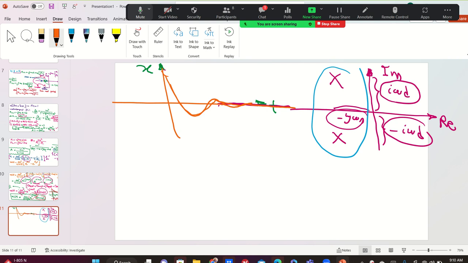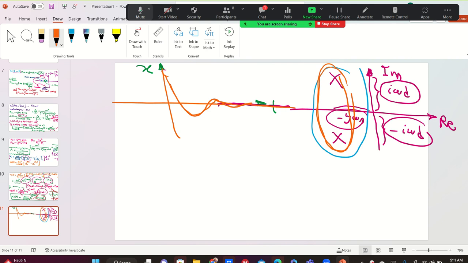Your car suspension system has a pair of complex conjugate poles. Very good. This is a real visualization of mathematics.